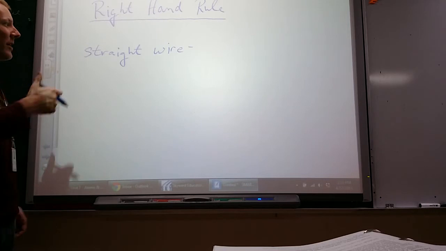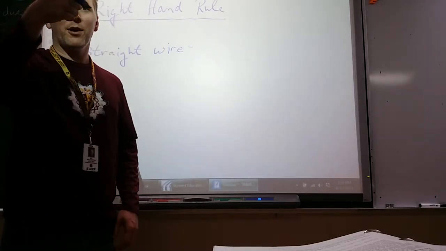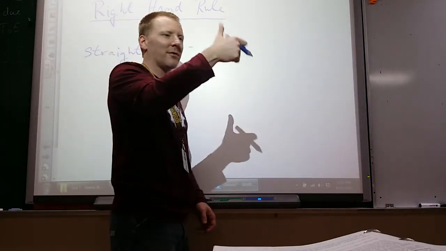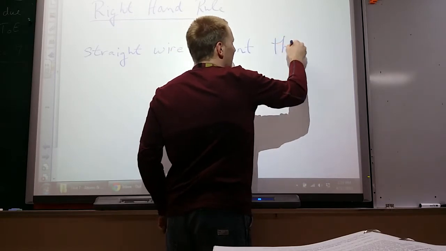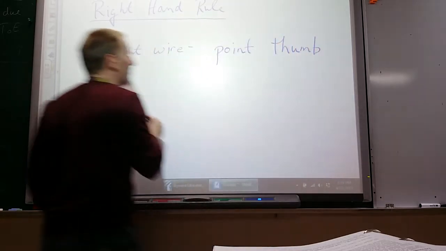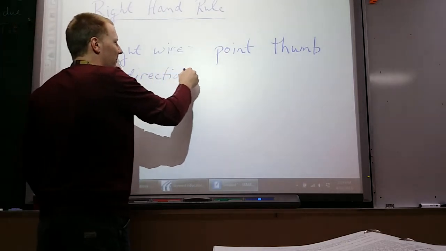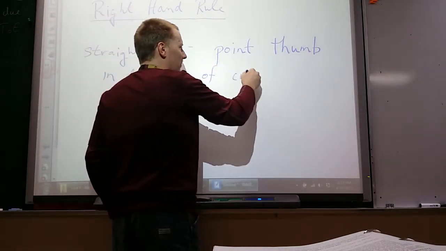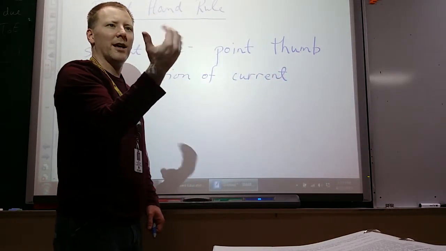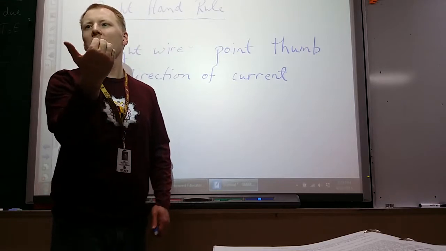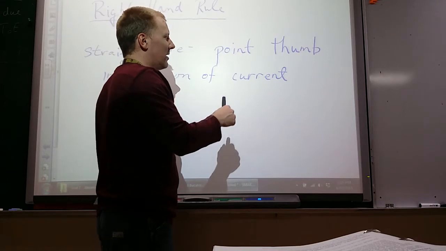Okay, so a straight wire, if we're looking at the magnetic field around it, you point the thumb of your right hand in the direction of the current. Curl your fingers around, and that shows you the direction, clockwise or counterclockwise, that the magnetic field will go around the wire.